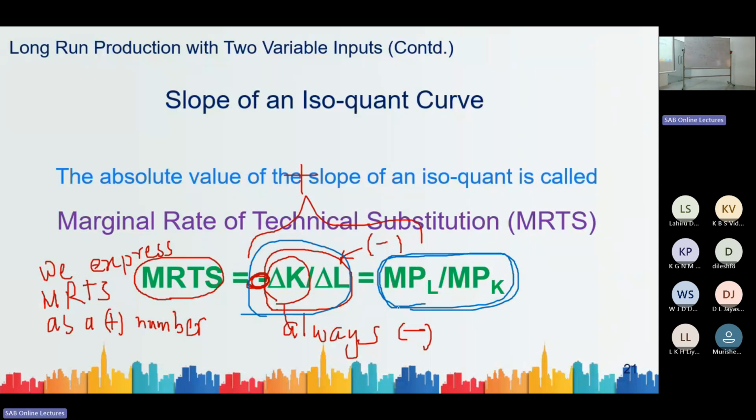It is either minus delta K over delta L or MPL over MPK. MPK and MPL are always positive, so we don't want to convert them into a positive value.